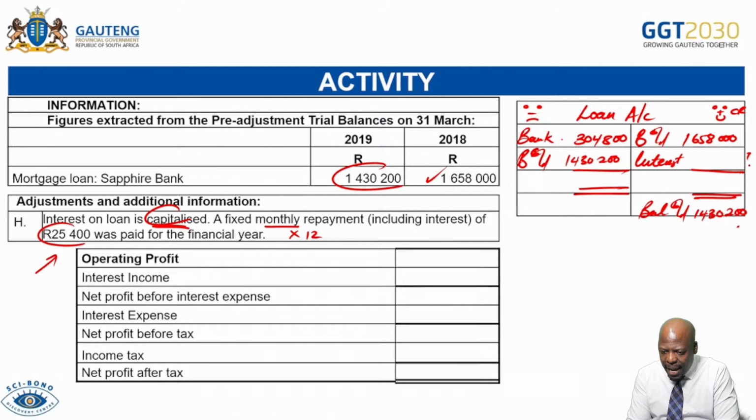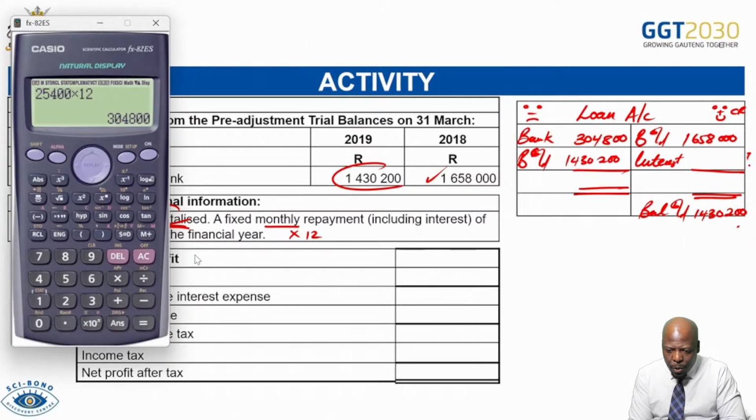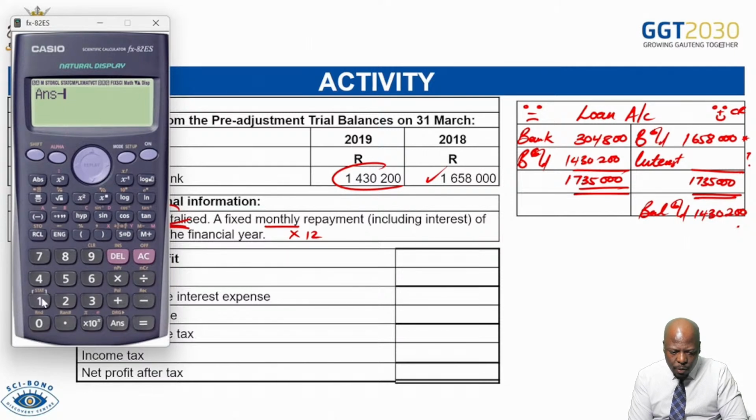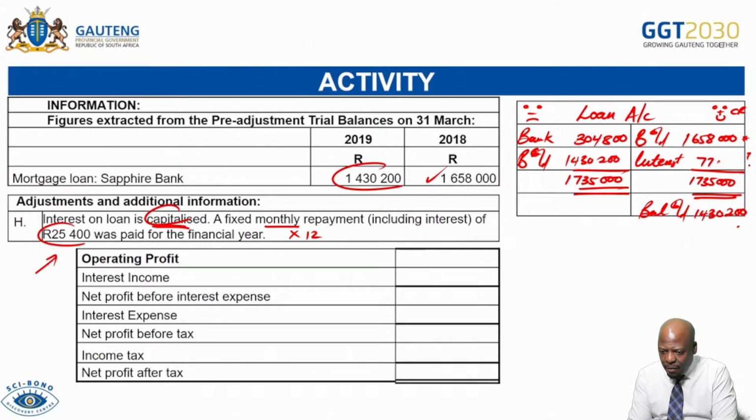To do that, let's simply add our debit side: 304,800 plus 1,430,200 gives me 1,735,000. 1,735,000 minus 1,658,000 is going to give me 77,000. So my interest here is 77,000.